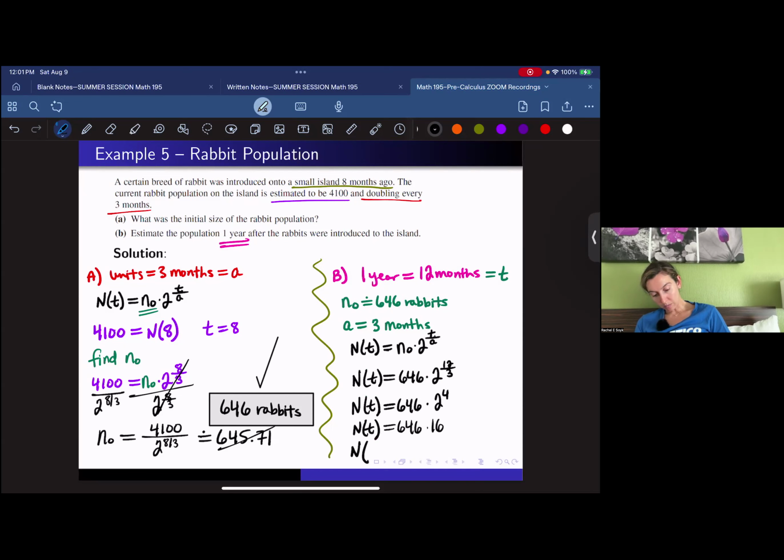And so once we substitute in the T, we should change this now to 12. Which means about 10,336 rabbits.